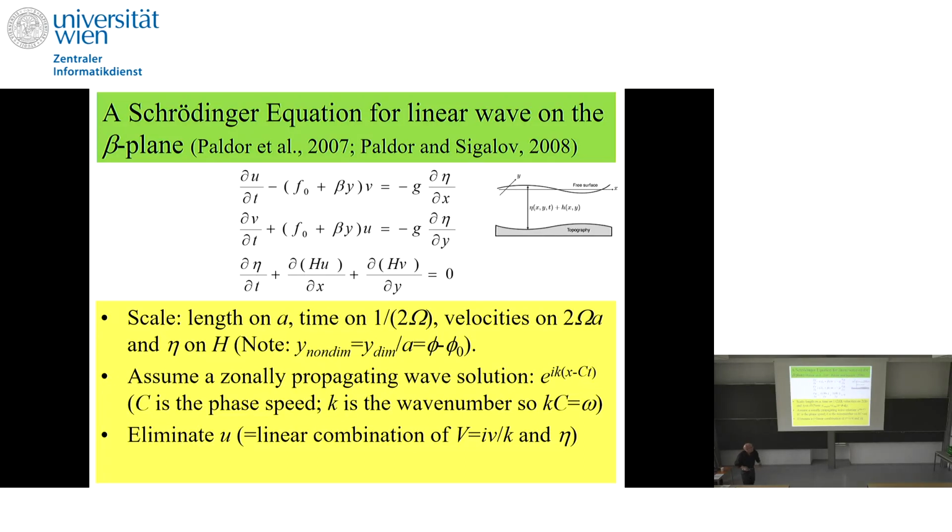And therefore, we can take this equation and express u as a linear combination of v and eta, and substitute the expression for u from this equation into these two terms. And in short, we're going to be left with a system of two first-order equations for dv/dy here and d eta/dy here.